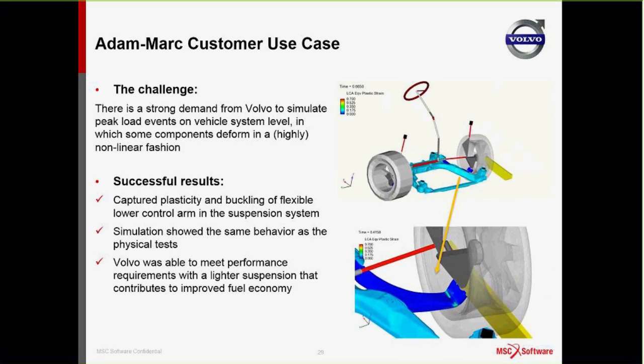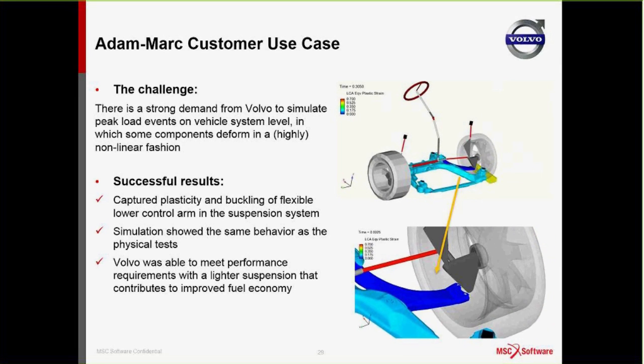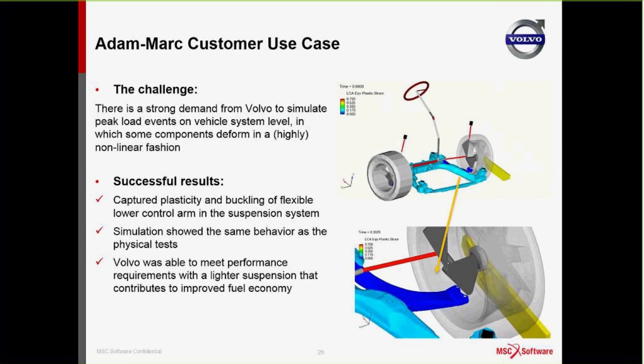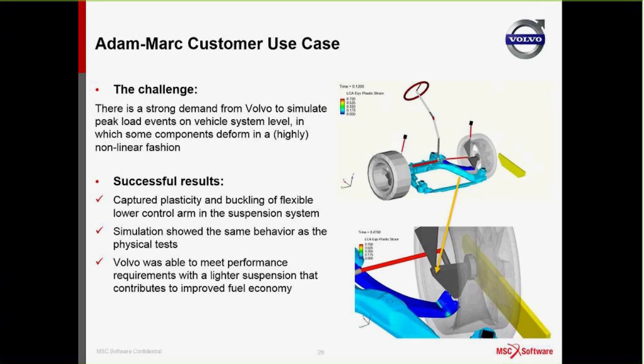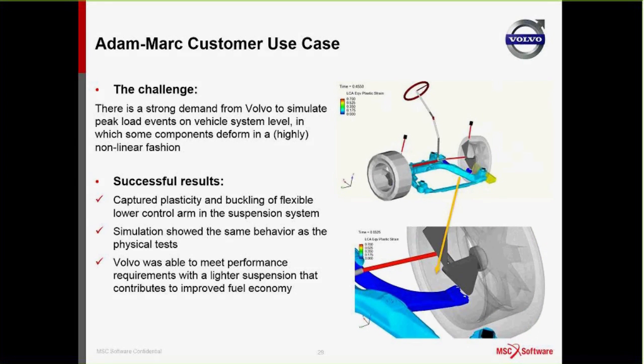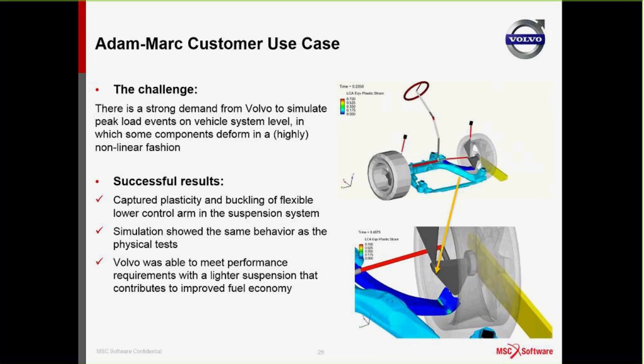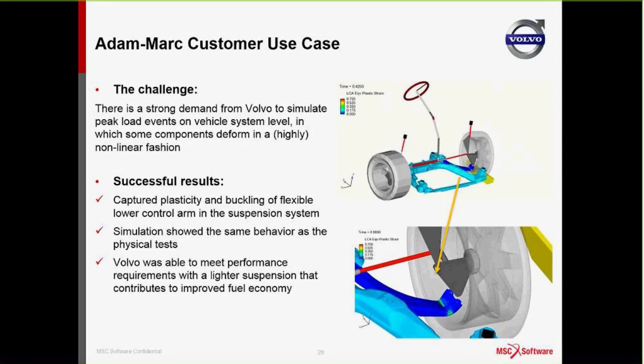And so you can see in here the bushings and the lower control arm are modeled in MARC. The rest of the system is modeled in Adams, and we co-simulate and evaluate the buckling behavior of that lower control arm. And so now you're getting really high fidelity loads to evaluate that component, and you know that you're getting the appropriate boundary conditions for the system.